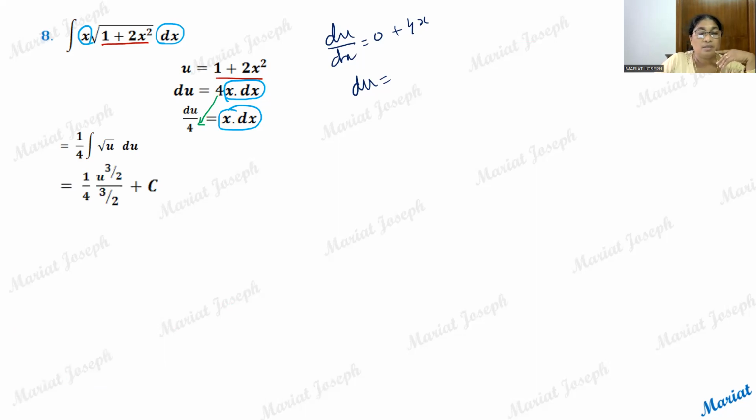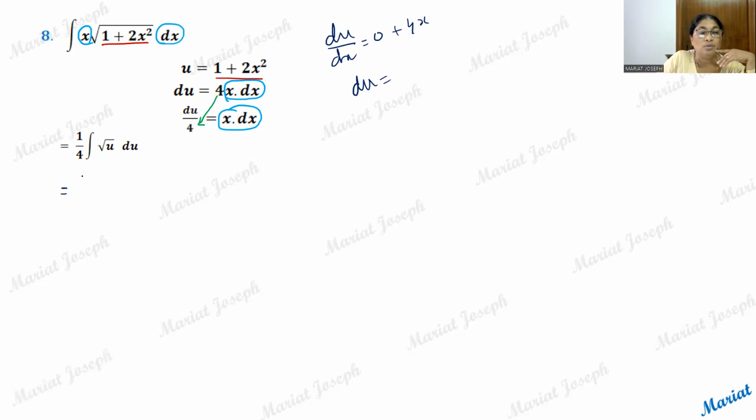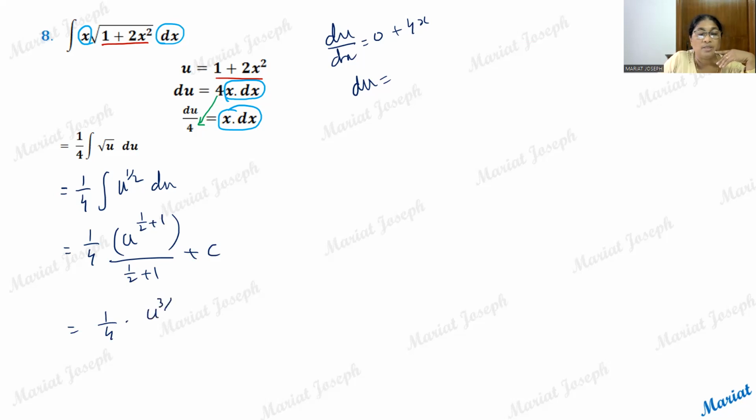Root u means u raised to the power half already. That is equal to 1 by 4 integral u raised to the power half du. That is 1 by 4 into u raised to the power half plus 1 upon half plus 1, plus c. That is 1 by 4 into u raised to the power 3 by 2 upon 3 by 2, plus c.